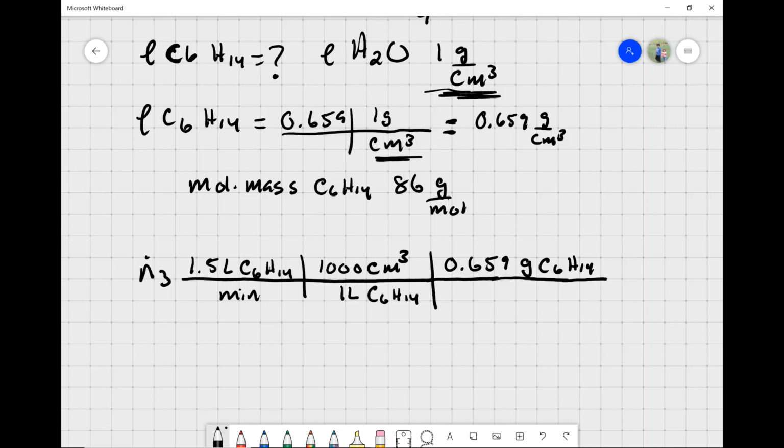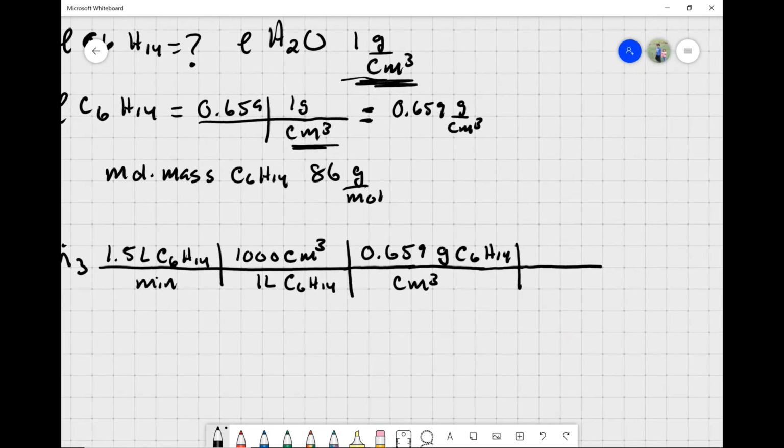Units cancel. Grams per centimeters cubed. And the last thing we need is grams of C6H14. So there's 86 grams of C6H14 in 1 mole of C6H14.